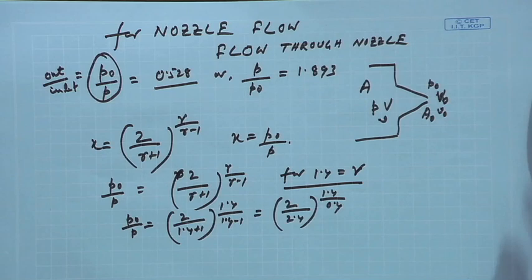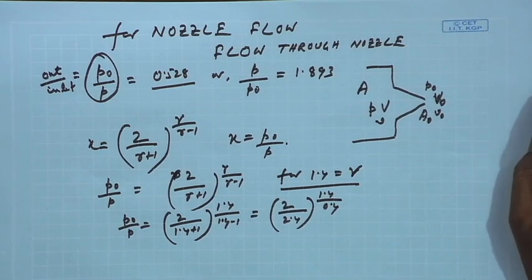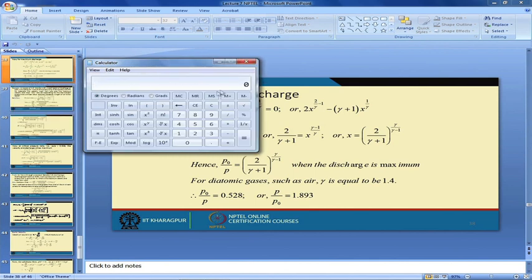Yeah, we got the calculator, and we take the scientific calculator. So then we have 2 by 2.4, and the power is 1.4 by 0.4.